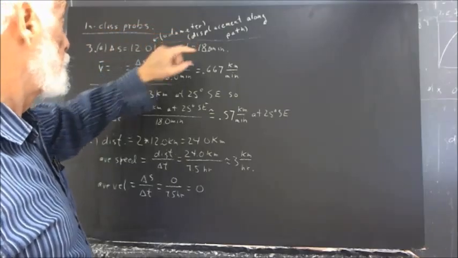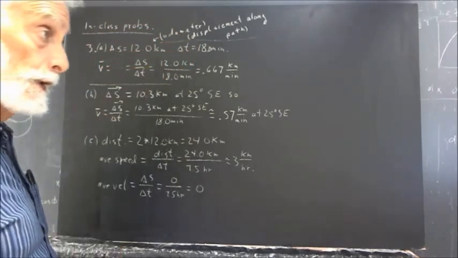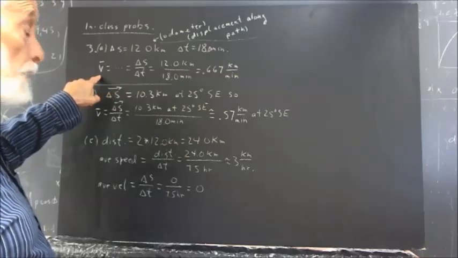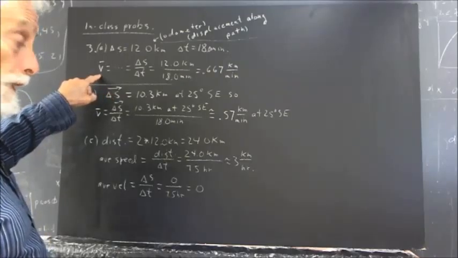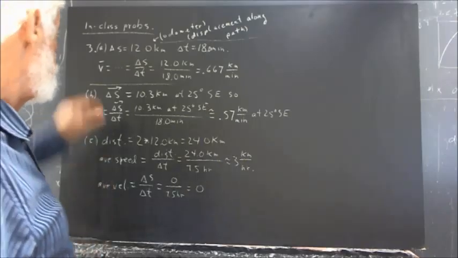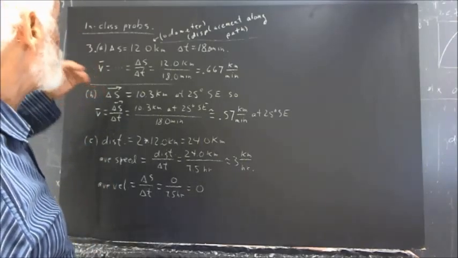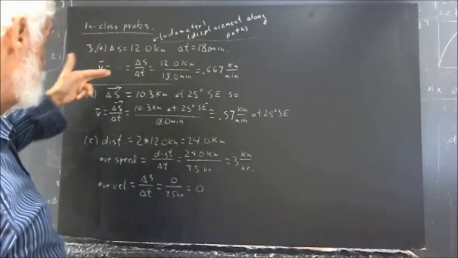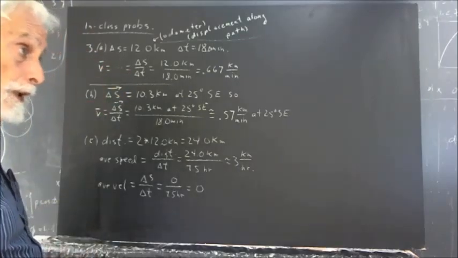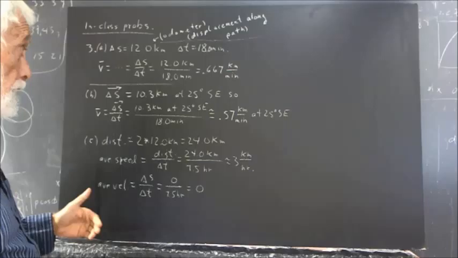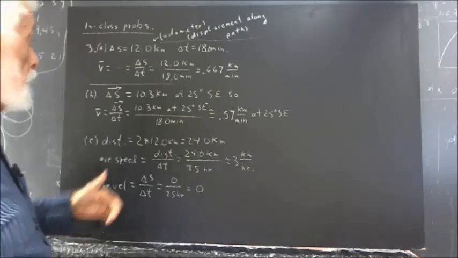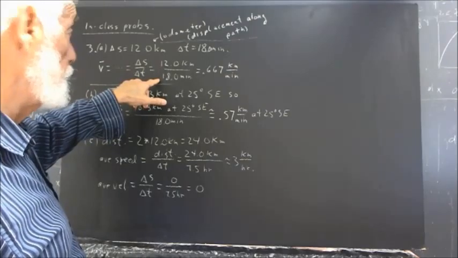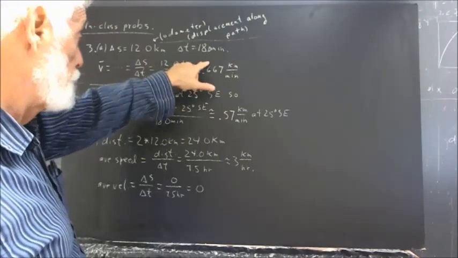Understanding that our average velocity will be in the direction that we happen to be traveling on the path at any instant, the average of our velocities will be delta S over delta T, obtained by the definition of average velocity as change in position divided by change in clock time. We then put our change in position and change in clock time in, and we do the division.